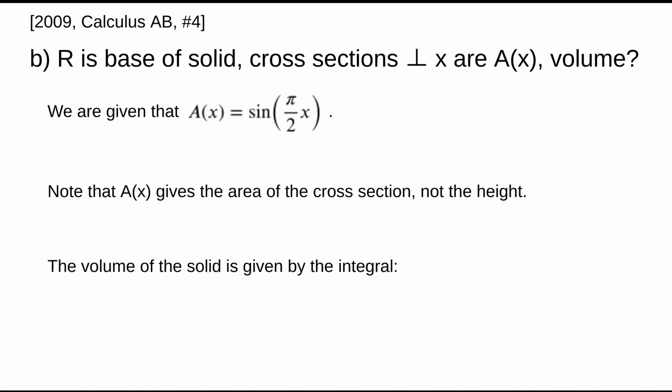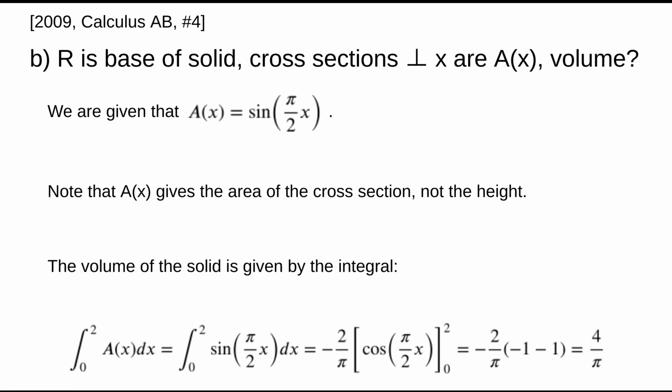So if I want to find the volume of the solid, I can just integrate my A of x function from 0 to 2. So the volume of that solid would be the integral from 0 to 2 of A of x dx, which is sine of pi halves x dx. And again, this is not a calculator active question, so you would be expected to find the antiderivative for sine of pi halves x on your own.